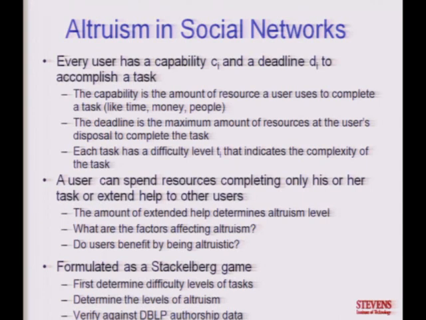So, of course, we have to quantify that in terms of how difficult the task is. Actually my tendency to help somebody would decrease, or the amount of help I can extend to somebody would decrease if that task is more difficult. So it's that much more difficult for me to help within my capabilities.